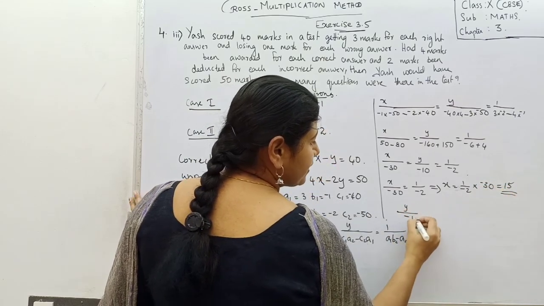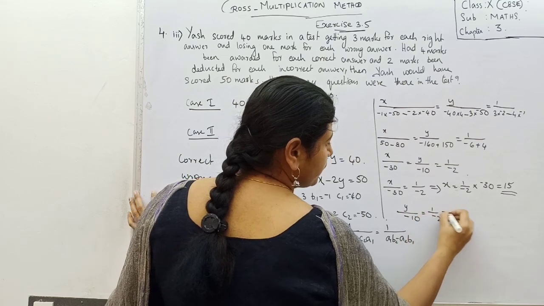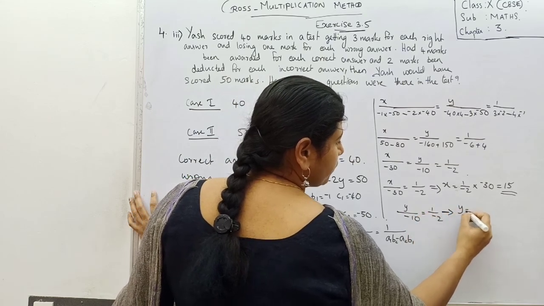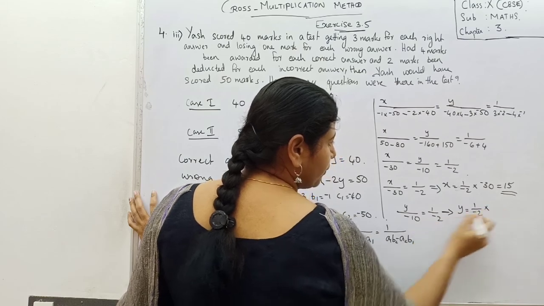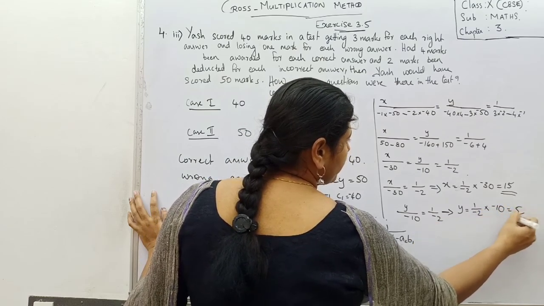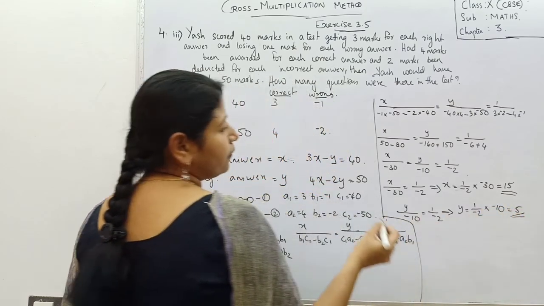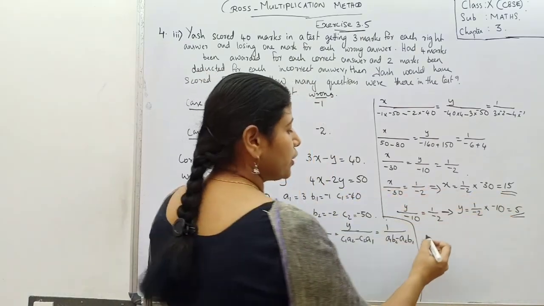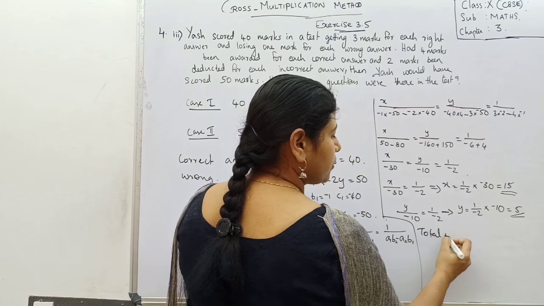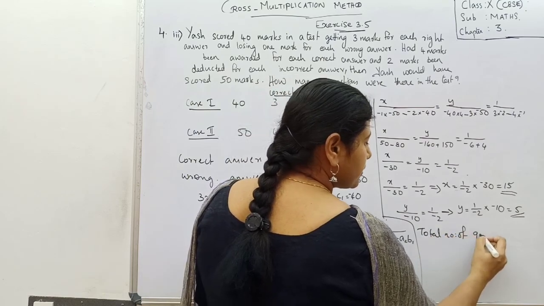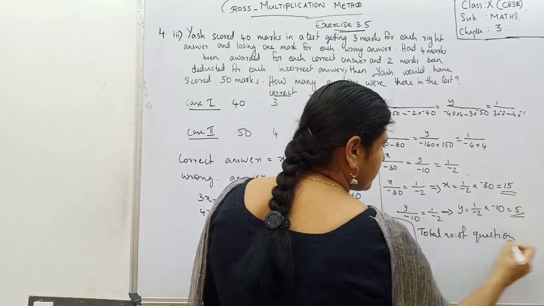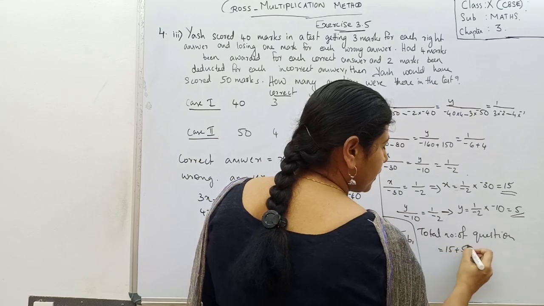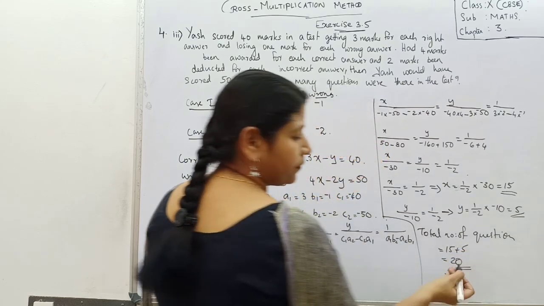And y by negative 10 equal to 1 by negative 2, so y equals 1 by negative 2 into negative 10, which gives 5. So the number of correct answers was 15 and the wrong answers was 5. So the total number of questions is 15 plus 5 equal to 20.